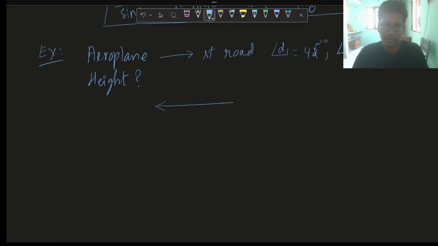This is a straight road and the aeroplane is flying here, and this is the height, and they are telling 45 degree and 60 degree.